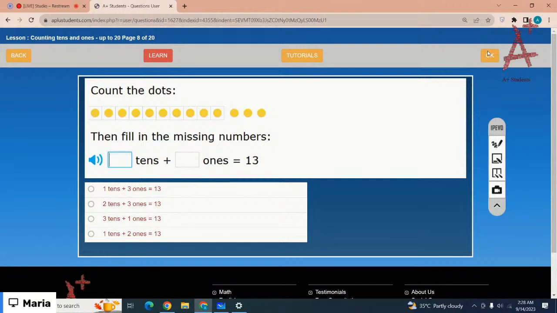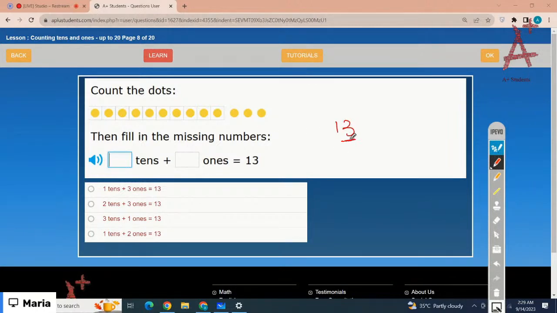How many tens and how many ones? 13 is a two digit number, right? So the rightmost digit is always the digit that is at the ones position, right? And the next one is the digit that is at the tens position. That means you have 1 tens and 3 ones.